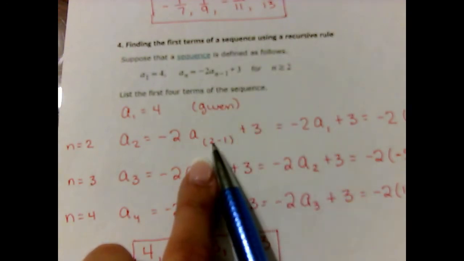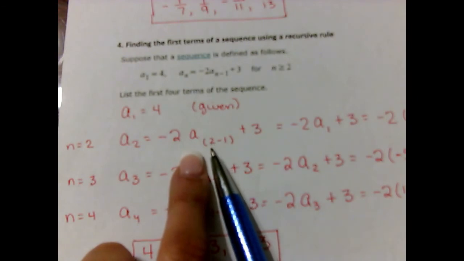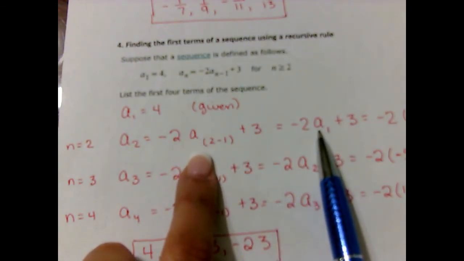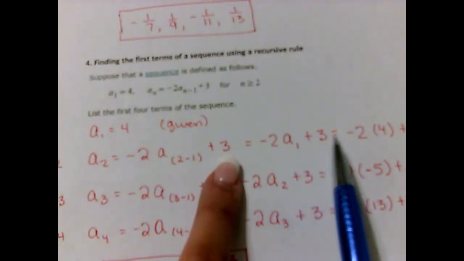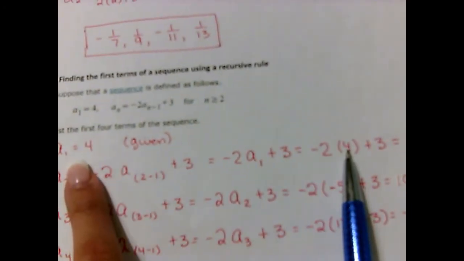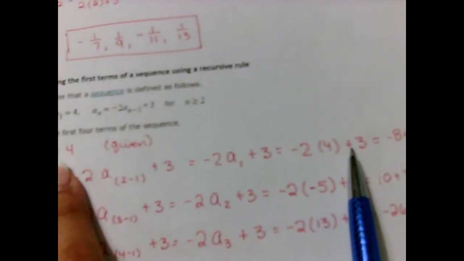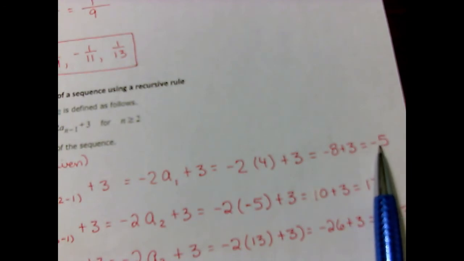And then remember, this part right here is just saying use the previous term. So a of 2 minus 1 is the same thing as a of 1. So I have negative 2 times a of 1 plus 3. A of 1 happens to be 4, which I have here, and then I went ahead and simplified it. That comes out to negative 5.